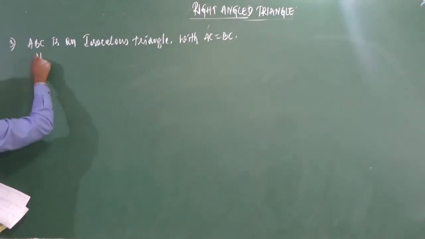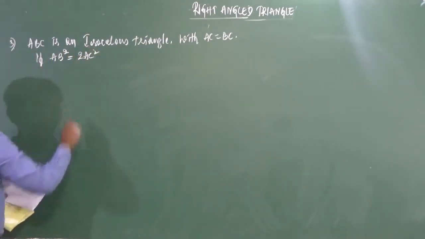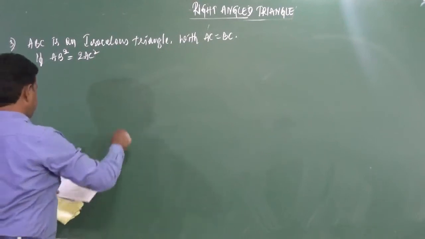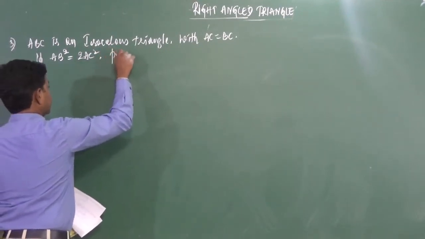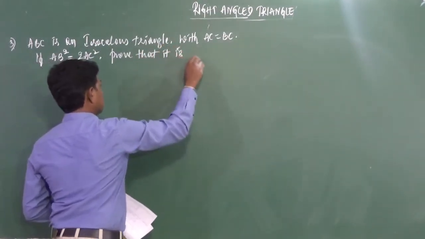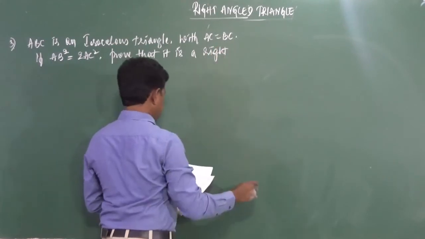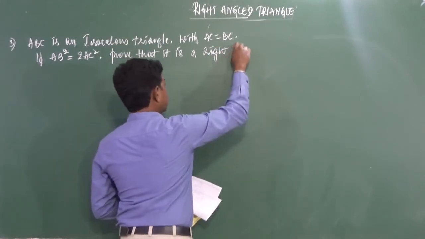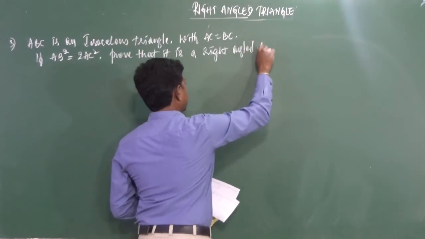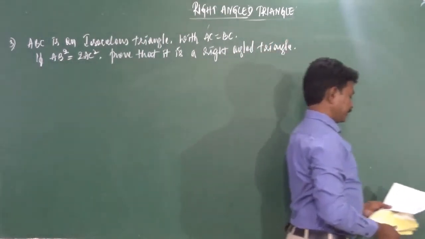If AB square is equal to 2AC square, prove that it is a right angled triangle. Prove that it is a right angled triangle.